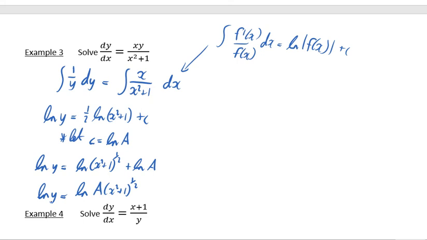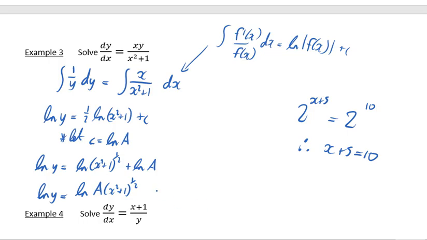So you've got ln of something is equal to ln of something else. So it's a wee bit like indices. If you had 2 to the power of x plus 5 is equal to 2 to the power of 10, then you would know that x plus 5 is equal to 10.